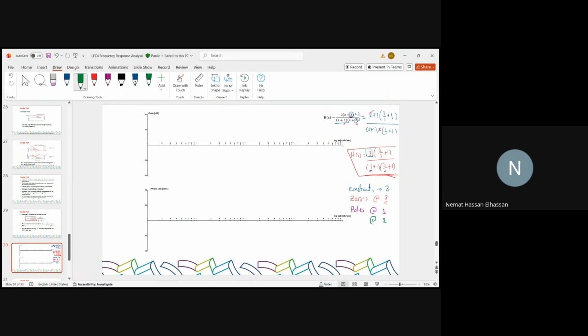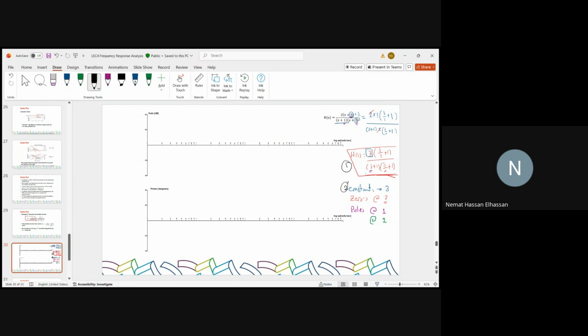So if s is -2, this will become 0, or if s is -1, this will become 0. So step 1, to rewrite everything into the standard form. Step 2 is to identify your components, whether you have constants, zeros, or poles. So now I've identified that I have one constant, 1 zero, 2 poles.